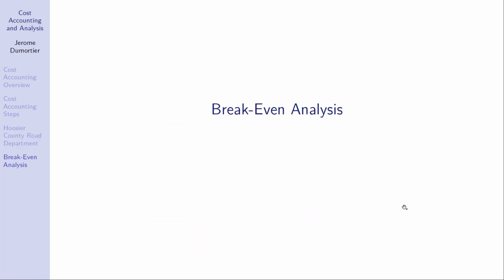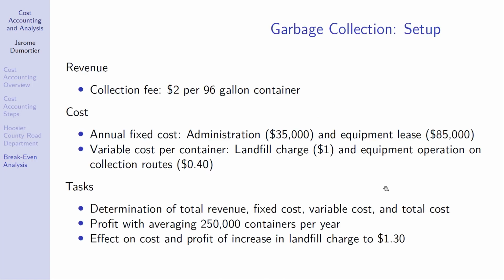Now, the last topic that we are going to look at is the so-called break-even analysis. Here we are going to consider a garbage collection service, and suppose that we have a city that is collecting garbage containers, and the collection fee is $2 per 96 gallon container. We have an annual fixed cost of $35,000 and $85,000, that is associated with administration and the equipment lease.